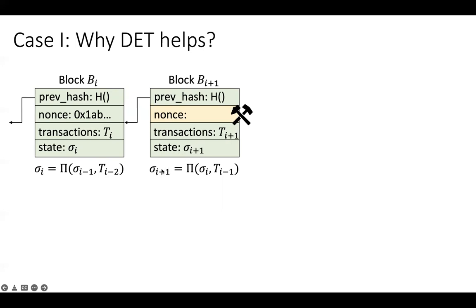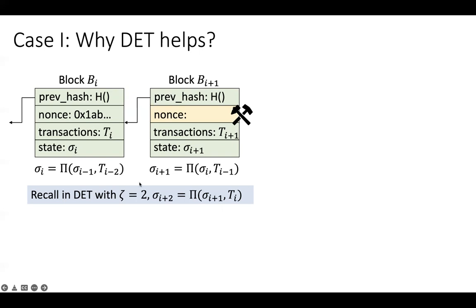Here, recall in DET, the sigma I plus 1 is computed as the execution of transactions in Ti minus 1 atop sigma I. Now recall with DET, with zeta equals 2, sigma I plus 2 will be the transaction execution result of executing Ti atop sigma I plus 1. Now, observe that the miner already knows Ti.